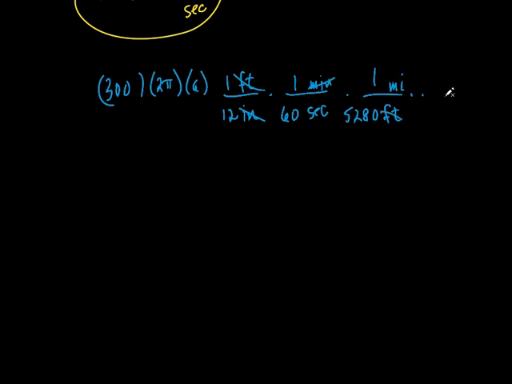But now I've got to change it from seconds to what? Hours. To hours. So, you know what you could have done? You could have just gone directly, actually, you've got to do this. We could have just done it right here. If we're going to go to miles per hour, right? How many minutes equals how many hours?